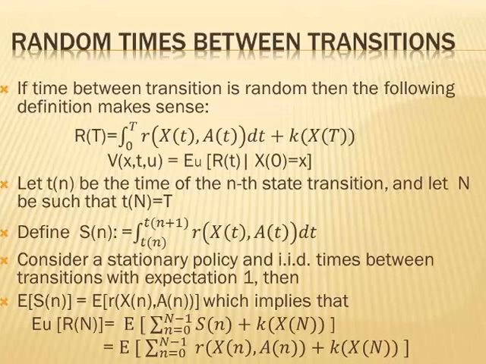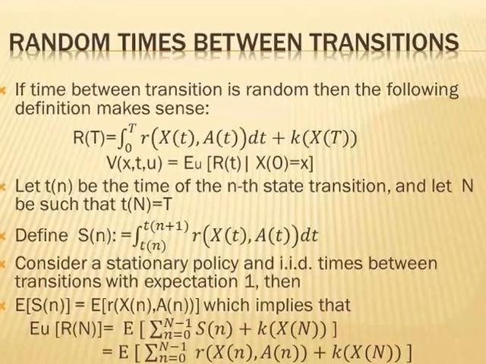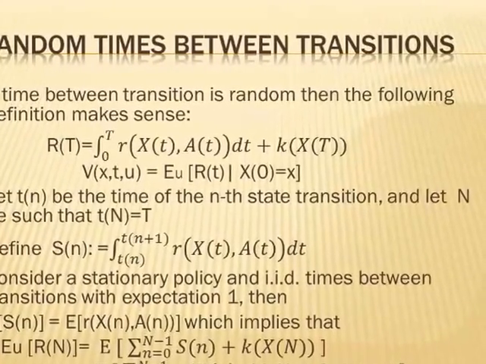Why? Because the expectation of the integral of some variable which is constant is simply the expectation of this variable times the expected duration over which we integrate. Now, the fact that the expectation can be written as a product of expectations holds because we assumed independence.